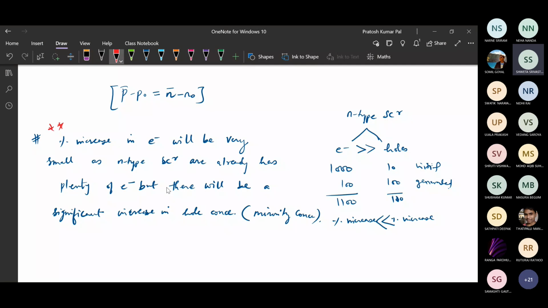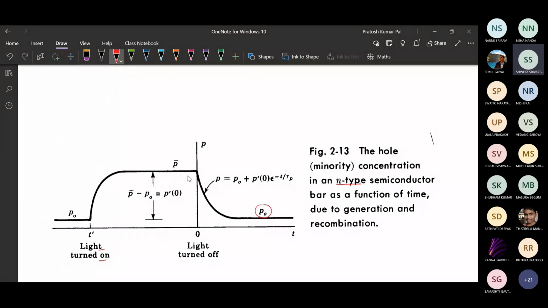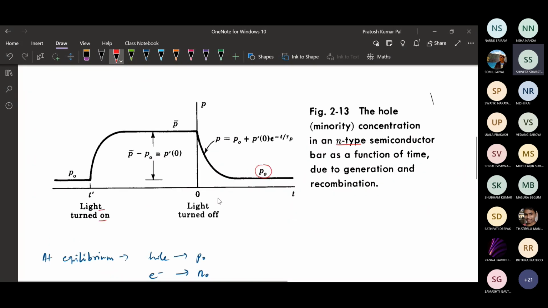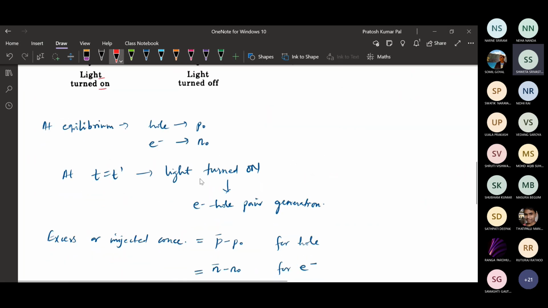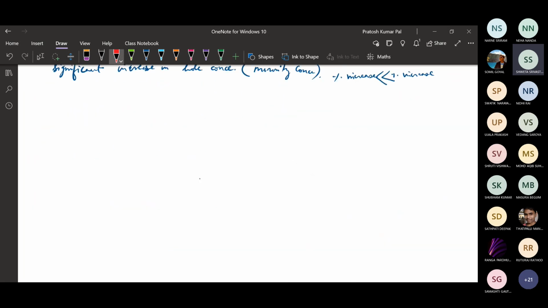The next point that we will now see is that our main discussion will be based on the hole concentration only. We are going to see how the hole concentration increases with time, and then decreases to reach its equilibrium value p naught. That's why in the figure only the hole concentration is mentioned.